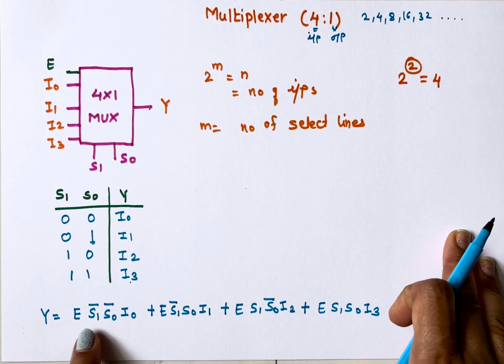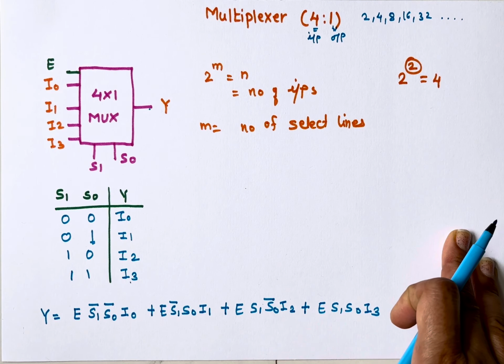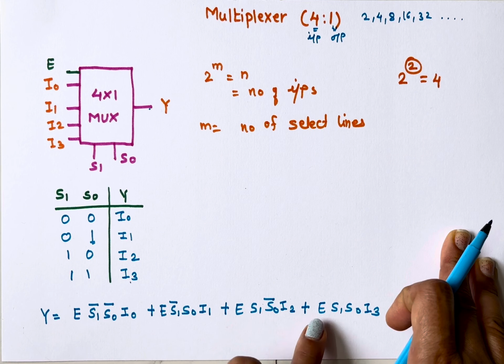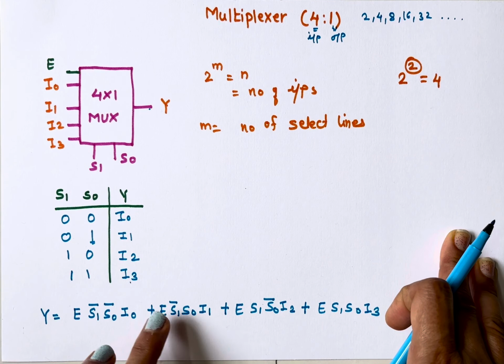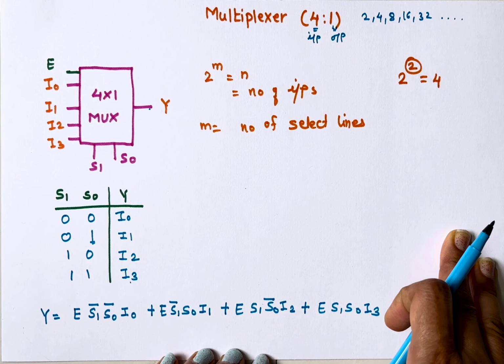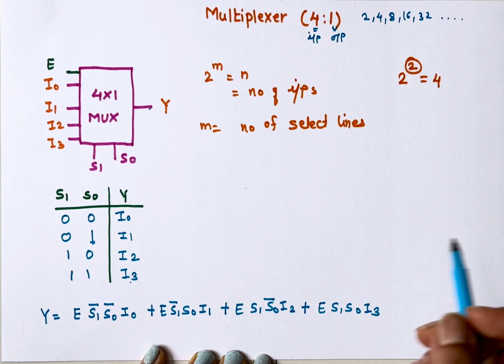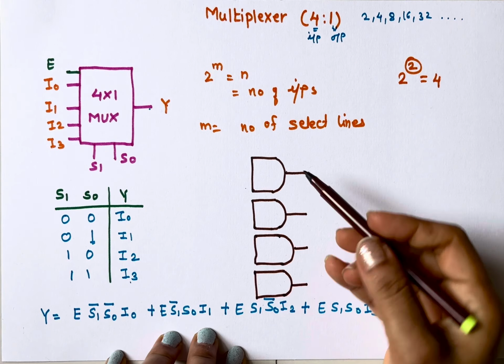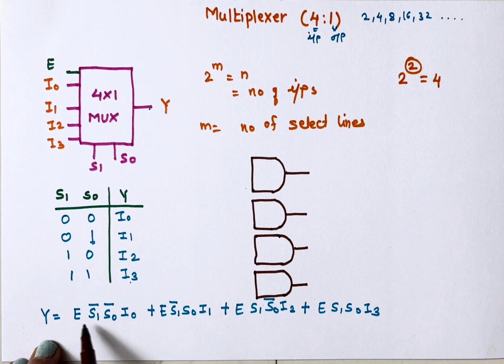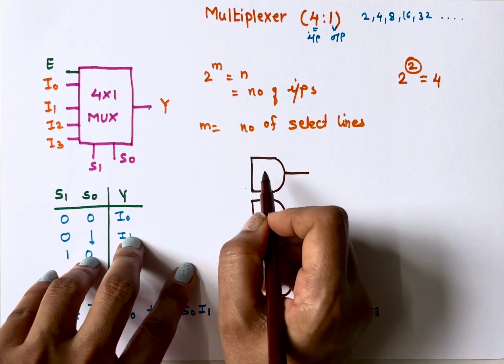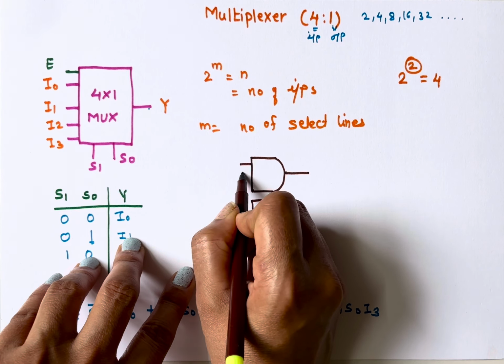Now you can see these are my AND gates, and to implement addition we use an OR gate. So by using 4 AND gates and 1 OR gate, we can implement this multiplexer. These are my 4 AND gates, and for every AND gate there are 4 inputs.